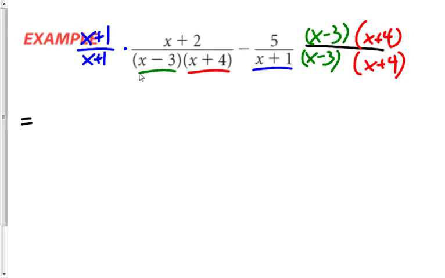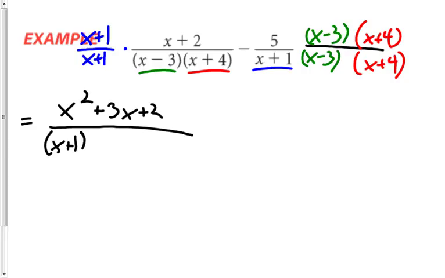Let us FOIL the first fraction. So x plus 1 times x plus 2, x squared plus 3x plus 2, all over x plus 1 multiplied by x minus 3 multiplied by x plus 4. Now from this, I'll be subtracting away 5.